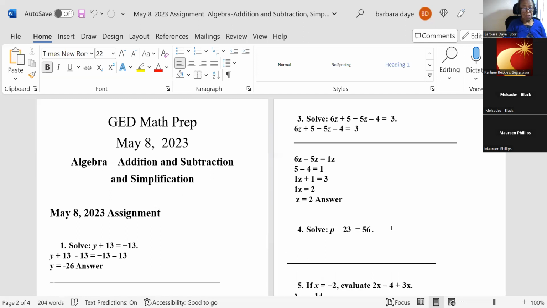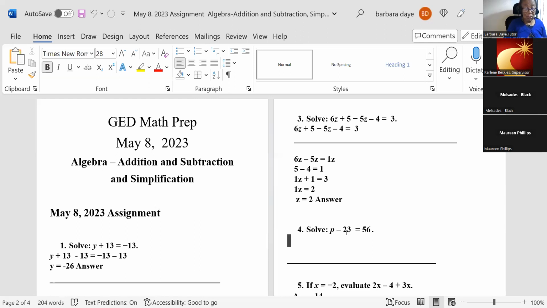Add. What's your inverse operation, Maureen? Add. Mercedes, this is subtraction. Inverse is add. So you add the 23 to both sides, correct? So you subtracted. But if you subtracted, you should have gotten a minus 23 and a minus 23, and you still would have a constant here on the left. You can't just throw this away.